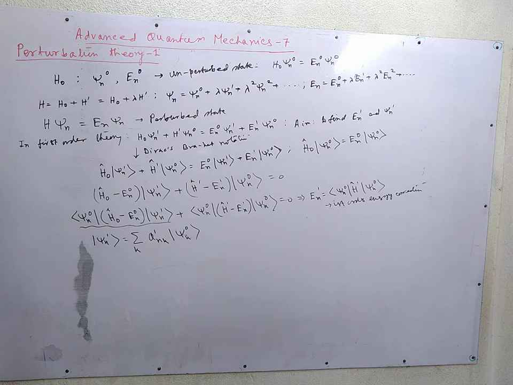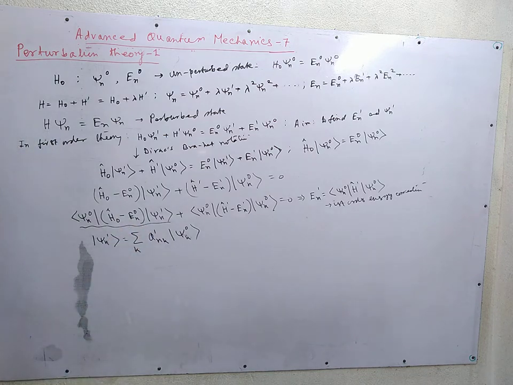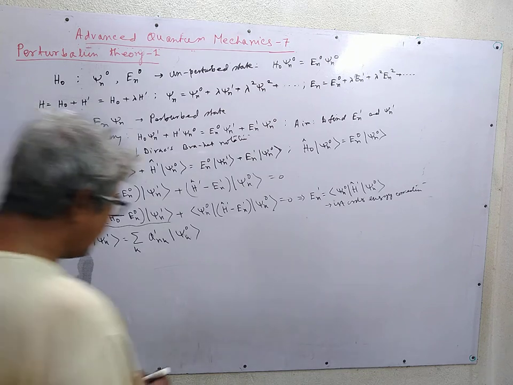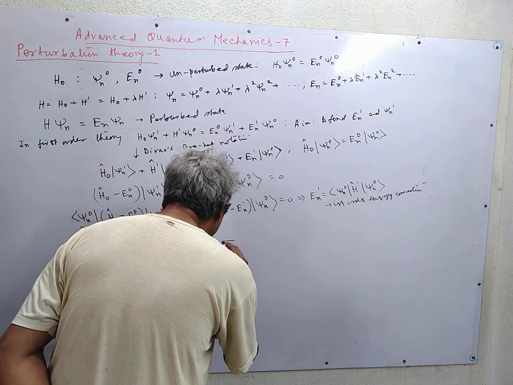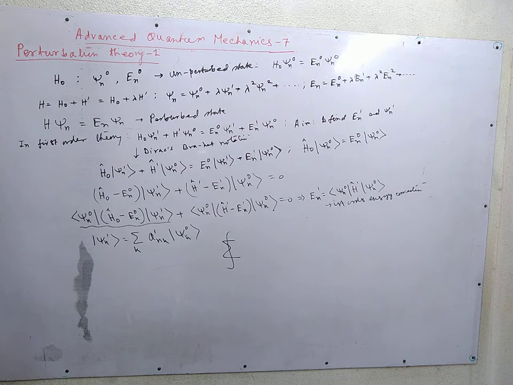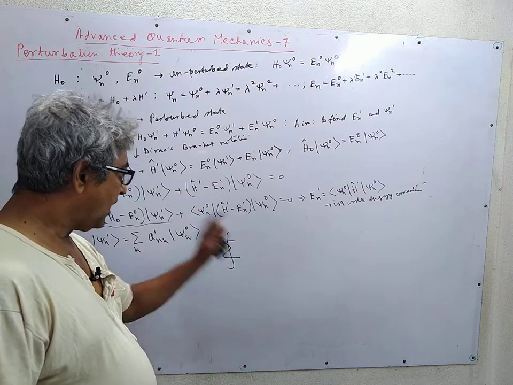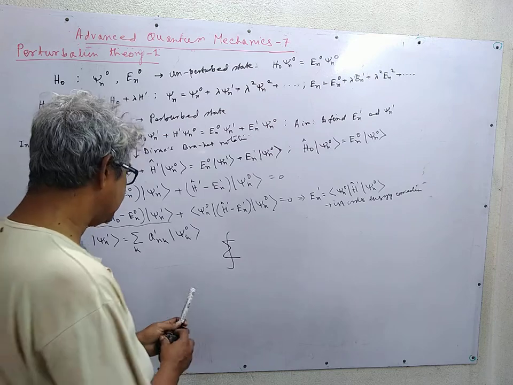Note that this summation over k is a sum over all the discrete states and integration over all the continuous states. So in some books it is preferred to write it like this, meaning summation over discrete states and integration over continuous states.